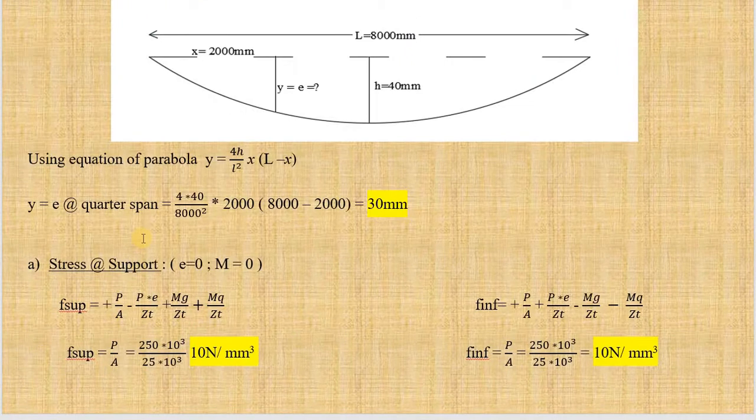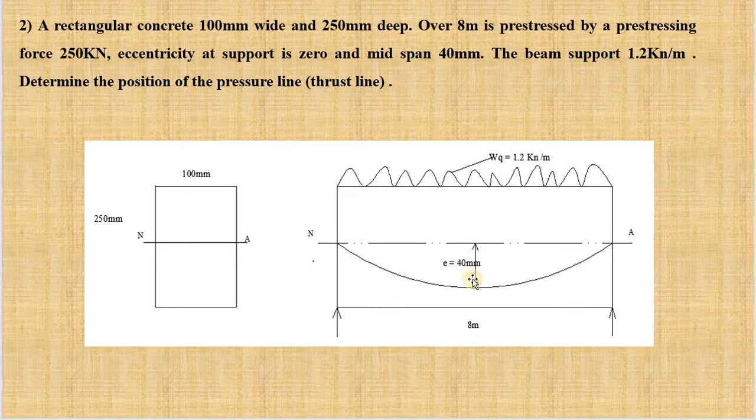The next thing is, I should find out what the E value is. Clearly in the diagram you can see exactly at the midpoint, I know the E value, correct? The eccentricity value they have given in the question: exactly at the midpoint, eccentricity E is 40 mm.